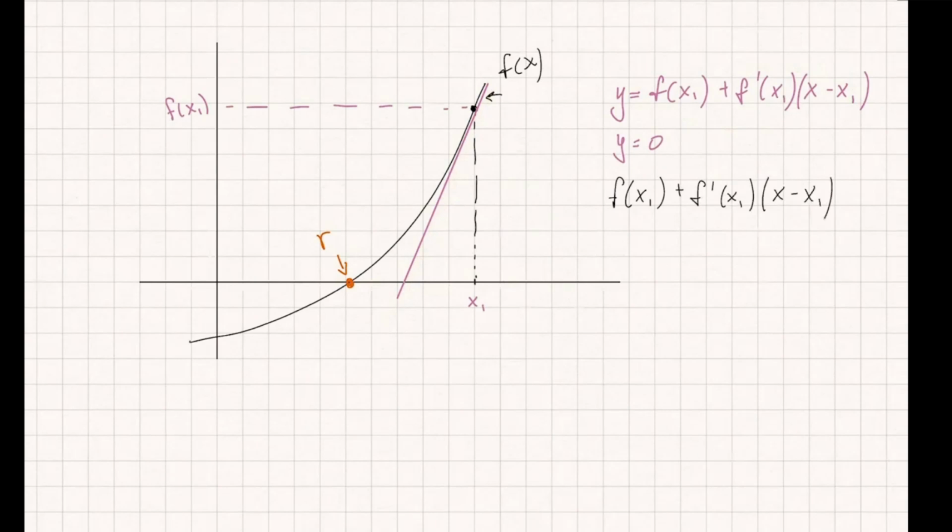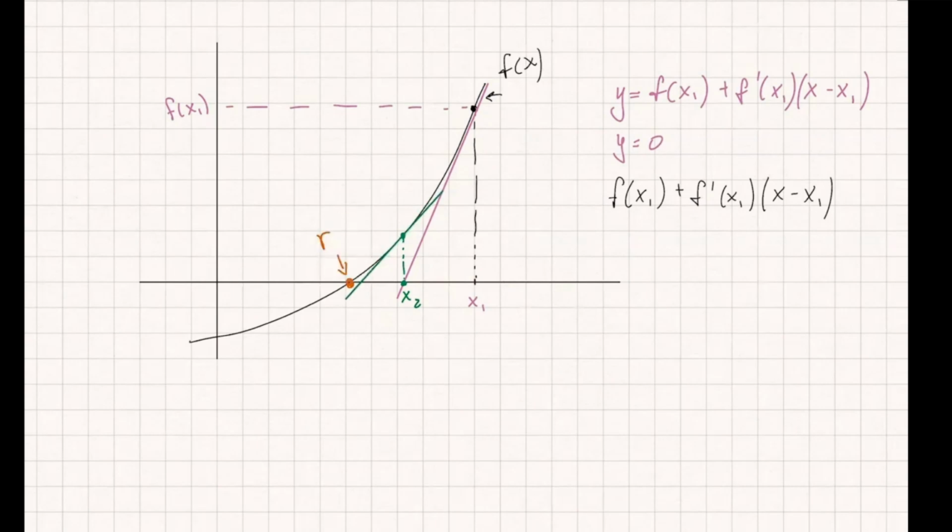Now, from here on, I need to find the x for the next iteration. So my x2 happens when y equals 0. So that's going to be right here. Let me mark it with another color. So that's going to be my x2. And then I again evaluate it at the point on the curve and repeat the process.